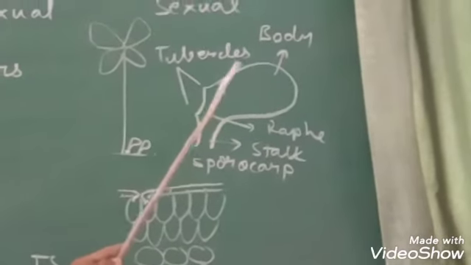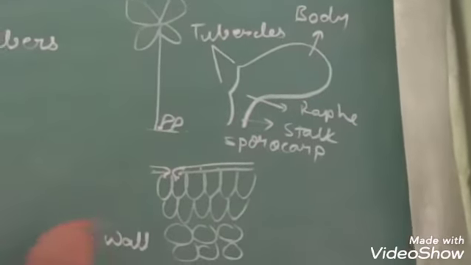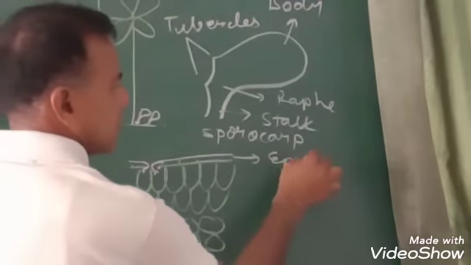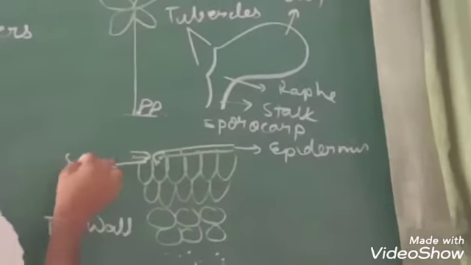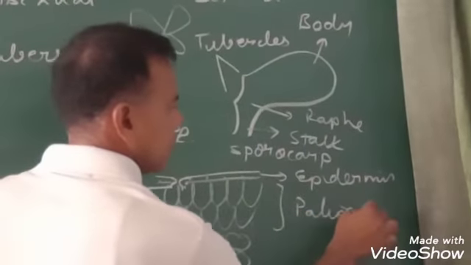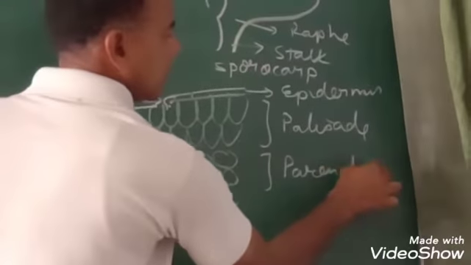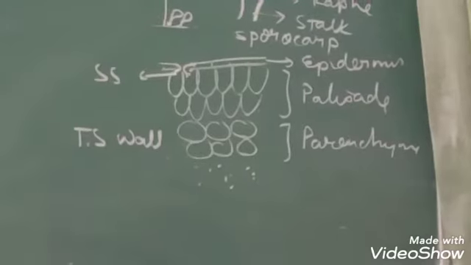On cutting a section of this sporocarp wall, we can find following structures: epidermis, single layered, having sunken stomata, two layers of palisade, and inner parenchymatous tissue. Now this inner parenchyma cells, they make gelatin.